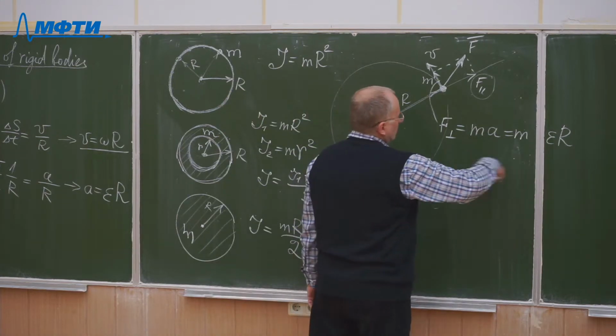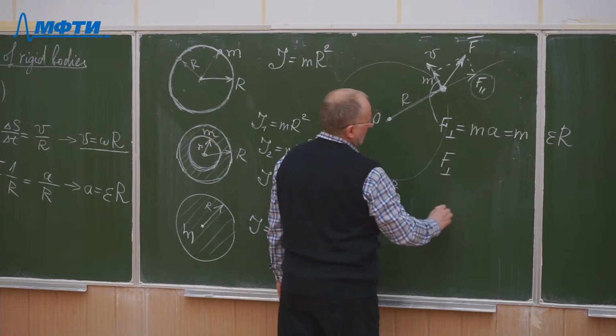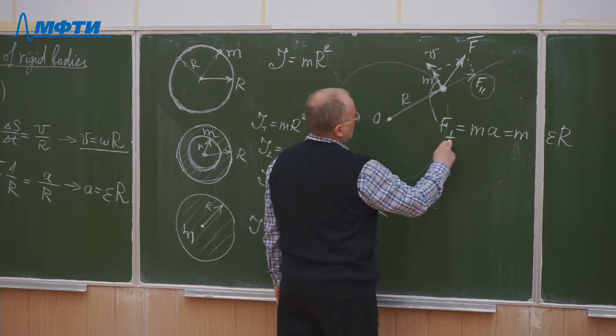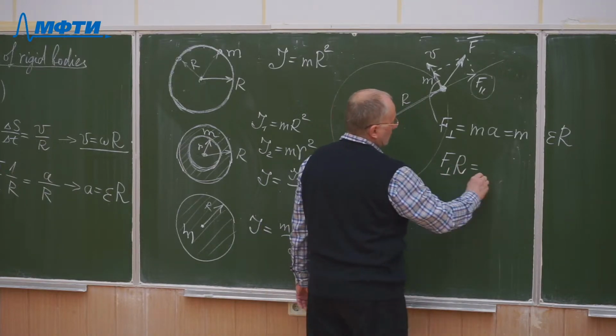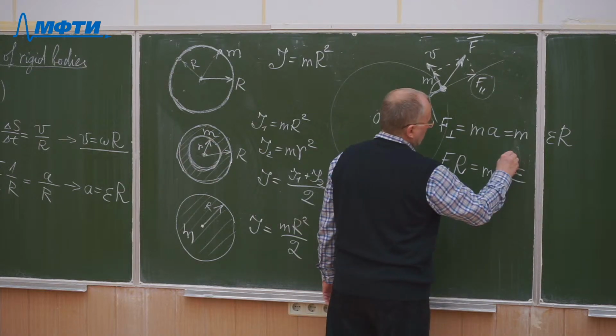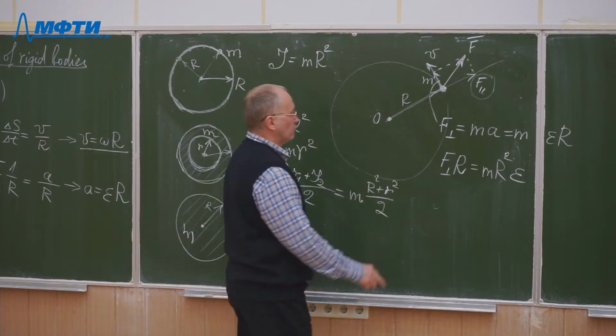Let us multiply this equation by radius r. So we will have the perpendicular component of force times r equal to m r squared times angular acceleration. Why is this formula good?